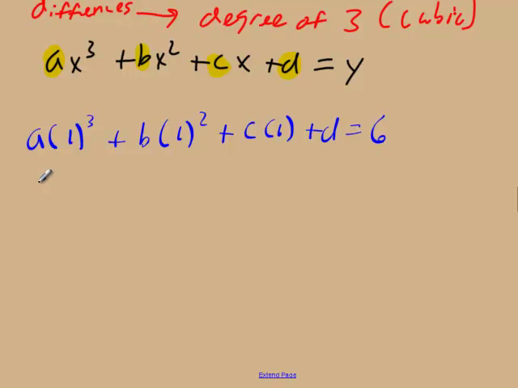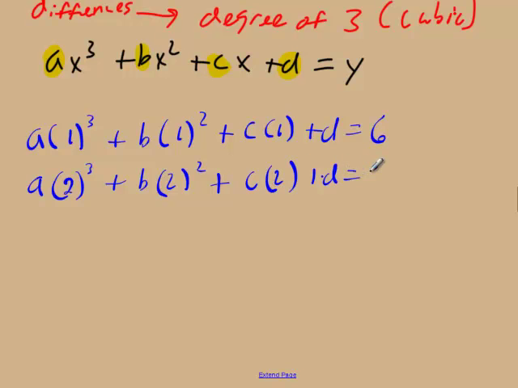For the next equation, x is 2, so a times 2 cubed plus b times 2 squared plus c times 2 plus d equals, and then the y was 15 if we refer to our table.